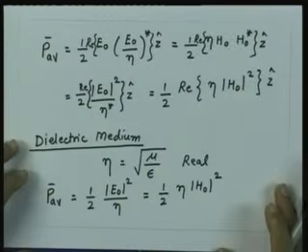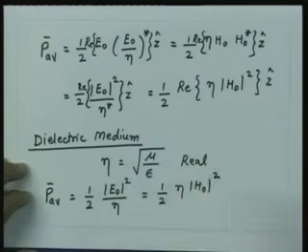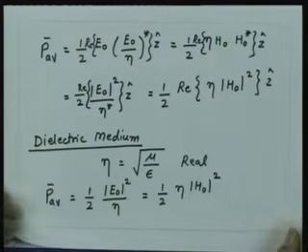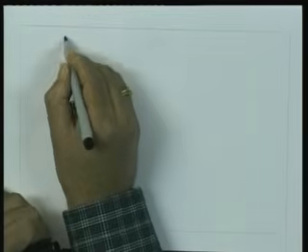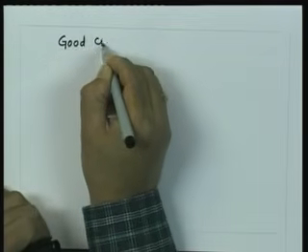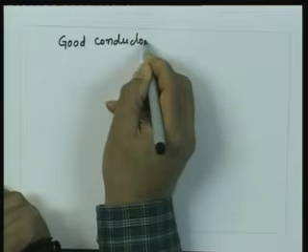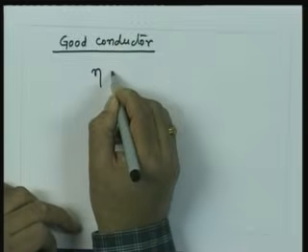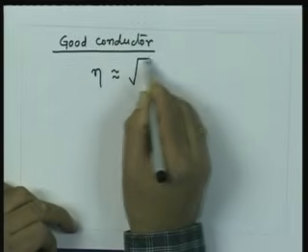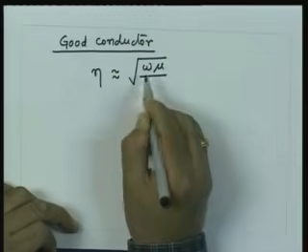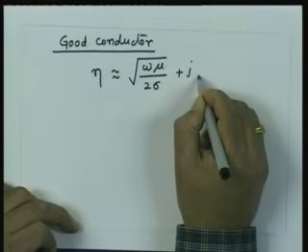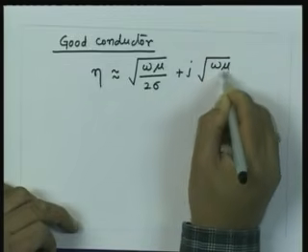Of course, if in general this medium has a conductivity which is neither 0 nor very large like a conductor, then we really have to go through this expression to find the net power flow associated with it. However, we can take an extreme case, a good conductor. Then we know that the intrinsic impedance of this medium is approximately equal to square root of omega mu divided by 2 sigma plus j square root of omega mu by 2 sigma.